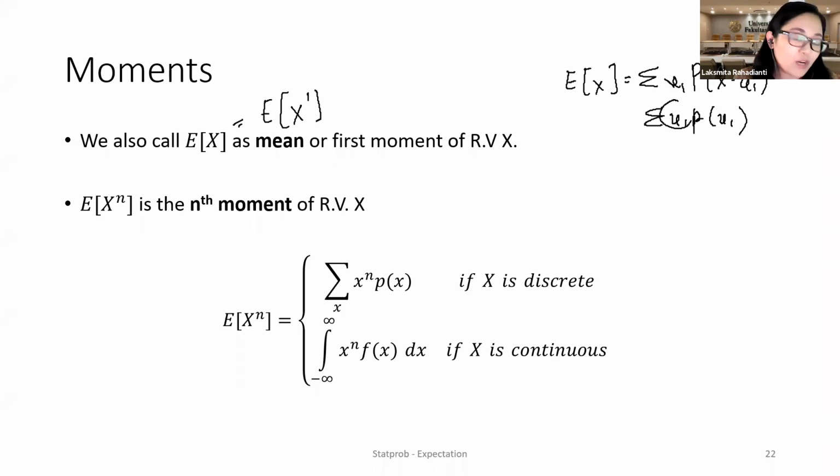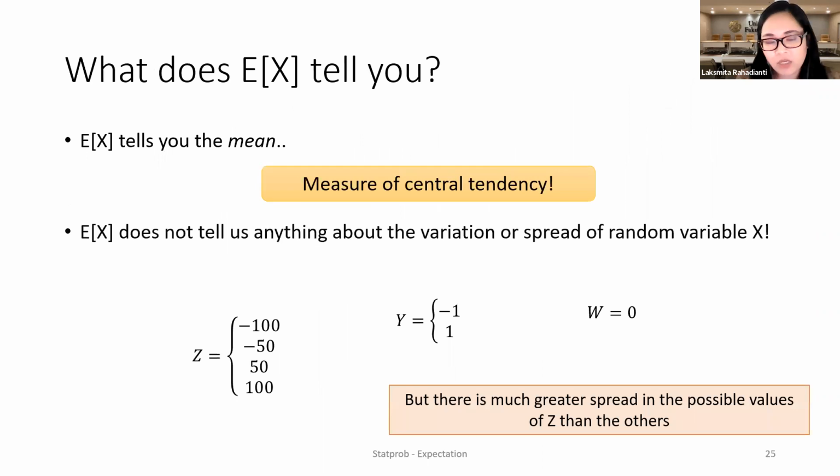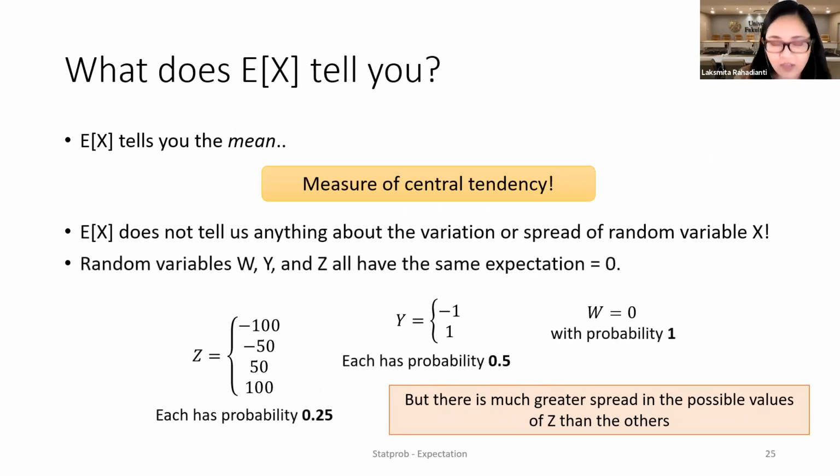Okay, so now that we know how to compute it, what information does it give us? What use can we make of it? I already went over this briefly last week. Since it gives you the mean, we already learned this in descriptive statistics, it gives you the measure of central tendency. In other words, when I say the expectation of this variable is 2, I know that most of the possible values will center around 2.